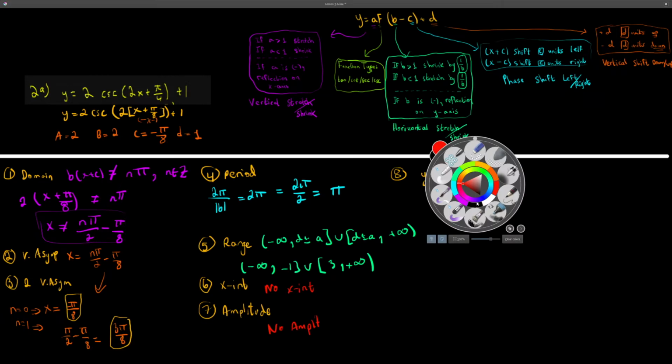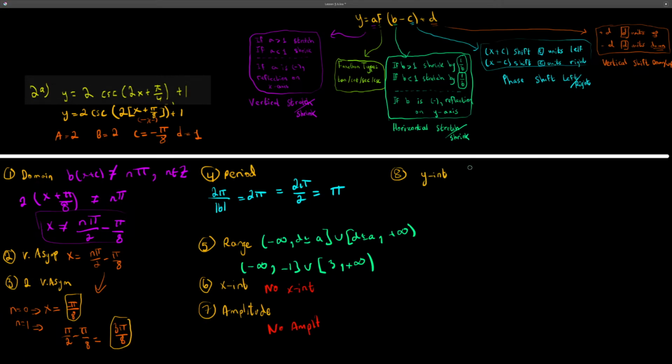Now finally the y-intercept, last one, it's going to just be substituting the x here with 0. So it'll be 2 cosecant pi over 4 plus 1, and then 2 into 1 over sine pi over 4 plus 1.